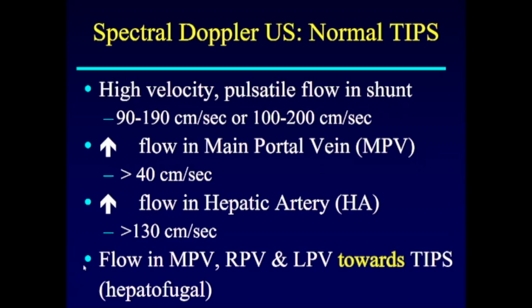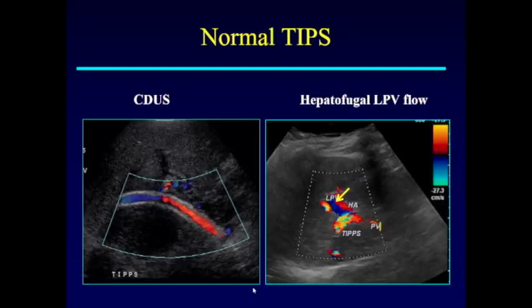Very importantly, the flow in the main, the right, and particularly the left portal vein, if the shunt is properly functioning, should now go out of the liver, so it should be hepatofugal towards the lower pressure conduit of the shunt. So reversal of flow in the left portal vein is a normal finding in a normal TIPS shunt.